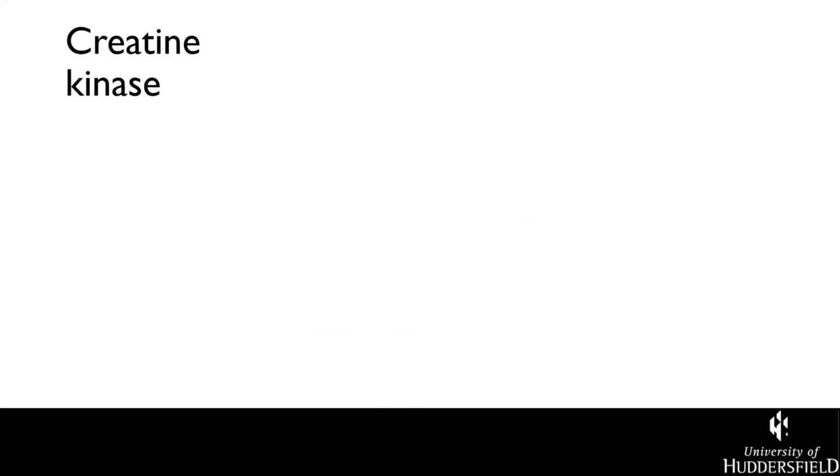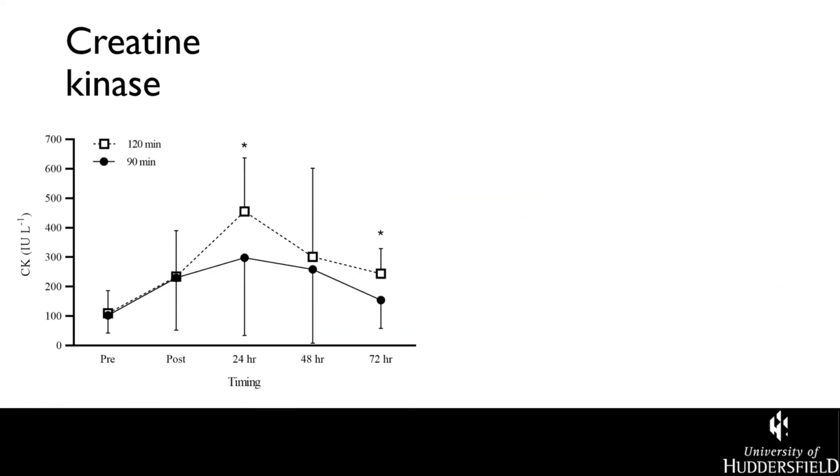So moving on then, just to give you more of a visual representation, pre and post the simulations, the creatine kinase response is very similar between both trials, and then there's quite a spike then at 24 hours. This also, again, as we've said, lasted for up until the 72-hour mark.